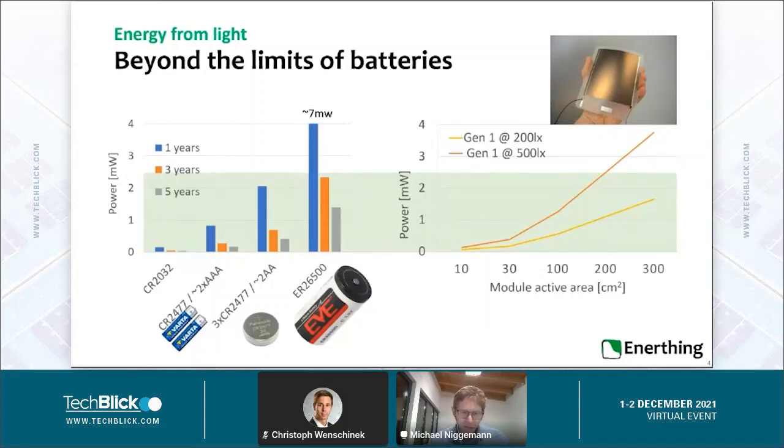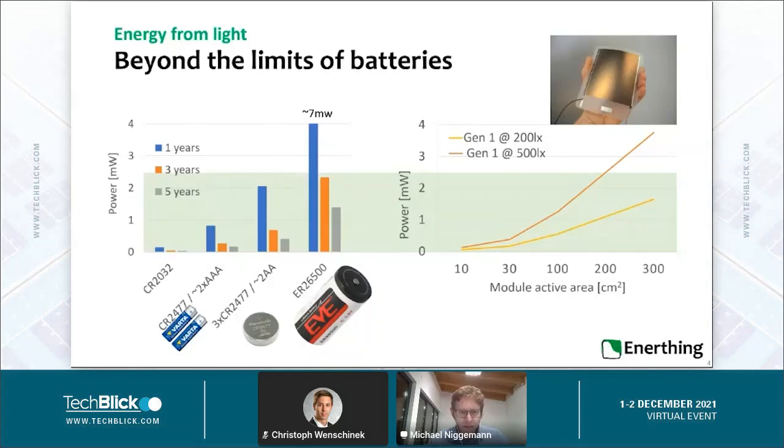What you find most often is the very small coin cell, CR2032, going all the way to AAA batteries, AA batteries, and the very big lithium thionyl batteries, for different lifetimes. It becomes painful if you have to change batteries within less than a couple of years.